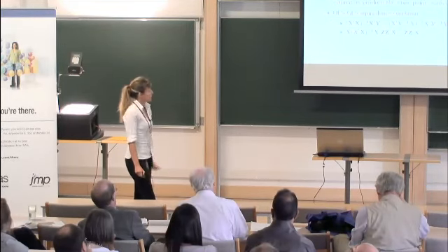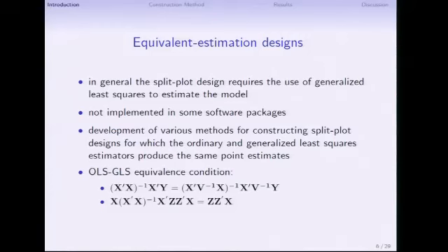In general, split plot designs require the use of generalized least squares to estimate the model. The problem is that the generalized least squares estimator demands an estimate of the variance components sigma gamma squared and sigma epsilon squared. This usually is done by the restricted maximum likelihood method.